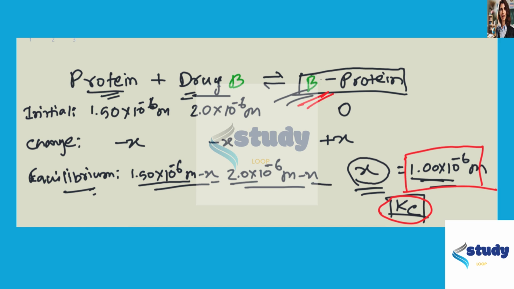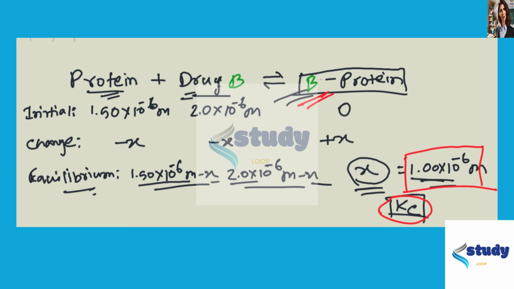And so the initial concentration of the protein will be the same, since we are taking the same protein concentration for both the reactions with drug A and drug B. And the drug B concentration is also the same as drug A. The initial concentration is 2 times 10 to the power minus 6 molar.